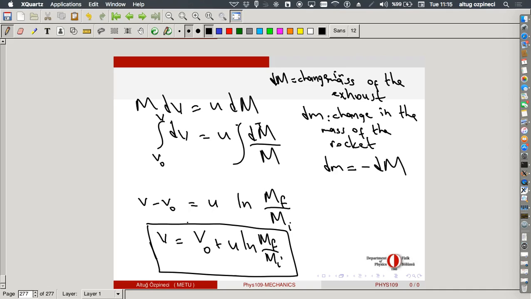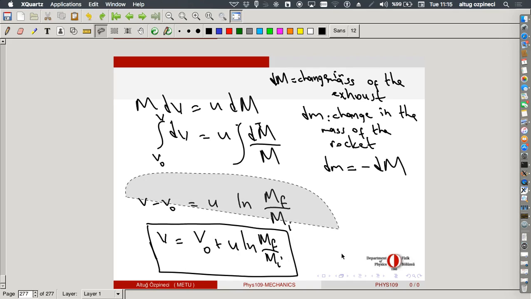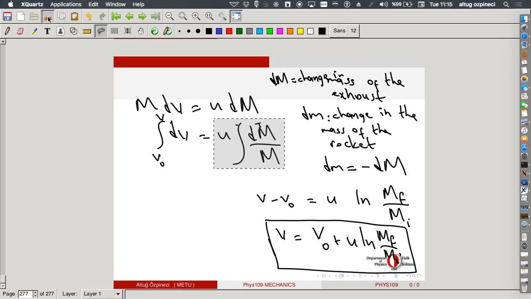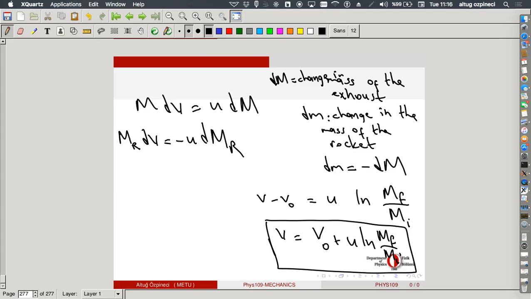So these limits over here. Now, this is the mass of the rocket. dv is equal to minus u d times the mass of the rocket.